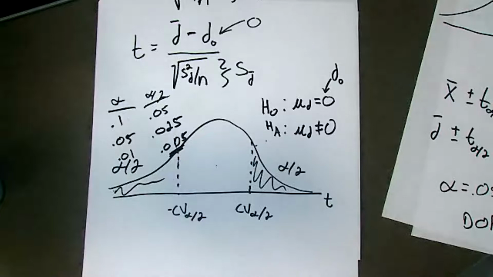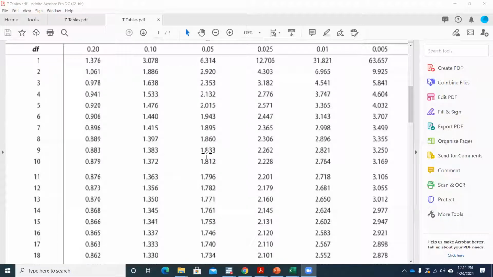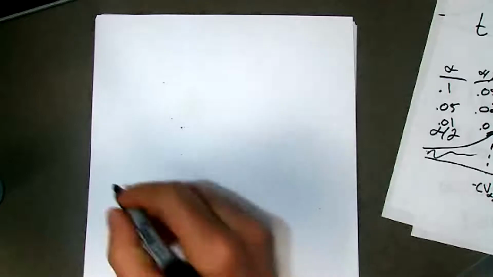I was writing things down too quickly without thinking. So we've got 1.83, 2.26, and 3.25. Those are our pairs of critical values, positive and negative. So what we're thinking about is we just found these critical values.